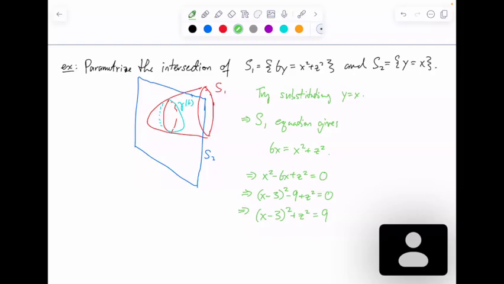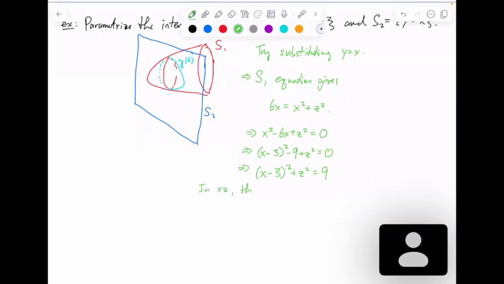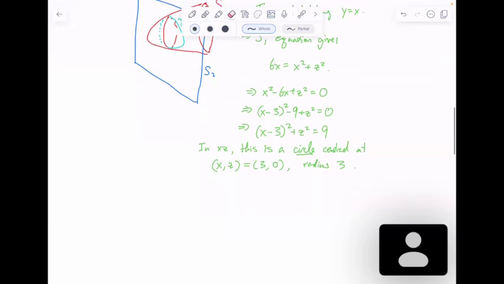It's a circle, and we could parameterize it. Where is the center of the circle, and what's its radius? So in xz, this is a circle centered at x and z equal to 3 and 0 with radius 3.